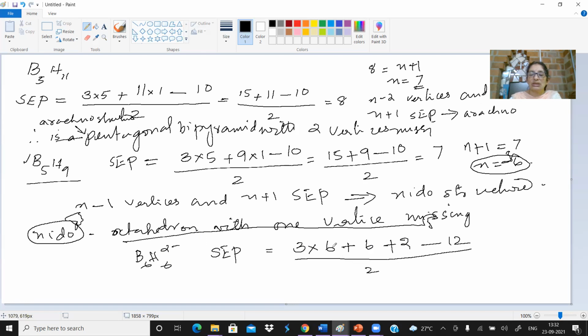So this is 3 into 6 is 18, plus 8 is 26, minus 12 is 14, that is 7. Now you equate this as n plus 1 is equal to 7. So n is equal to 6.